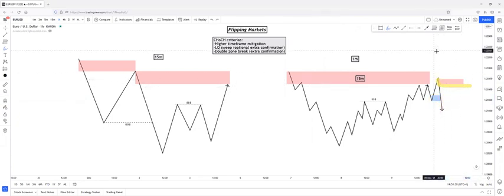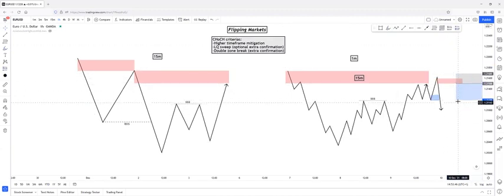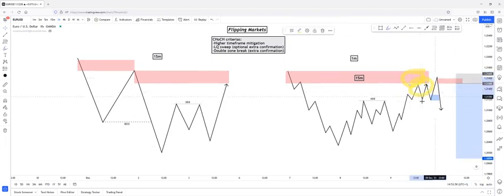And after this, you can hop in a trade, you can set an order on this supply zone because a change of character happened after a higher time frame mitigation and the liquidity sweep, double liquidity sweep, or also triple liquidity sweep. So this is a really strong confirmation for the short entries. So price broke through this demand zone, created a supply zone. You can easily set an order on this supply zone.